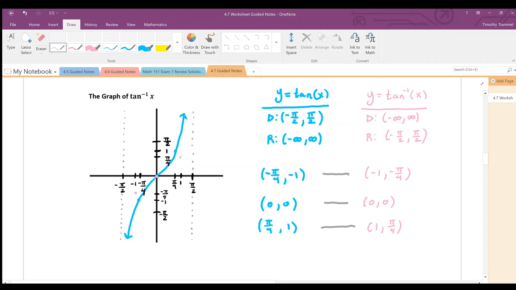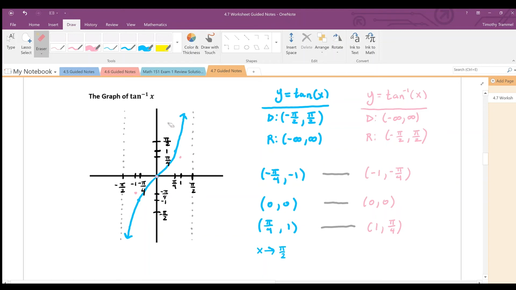All right, and the next thing that I want you to do is to just think about what happens as our x value is getting closer to pi over 2. And let's actually think about that first for tangent. So as x approaches pi over 2, what's happening to the y value?